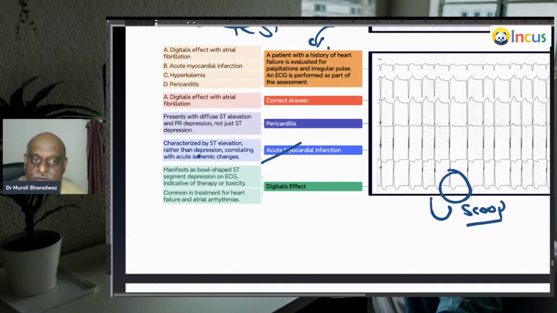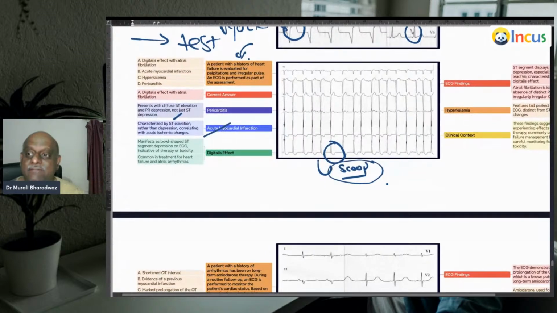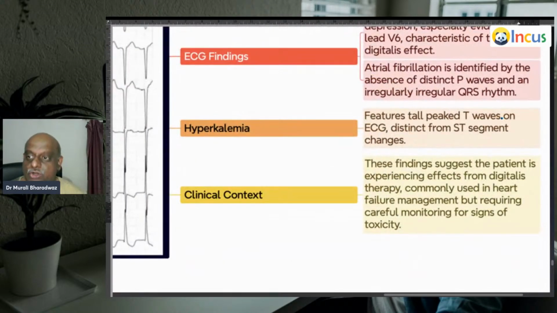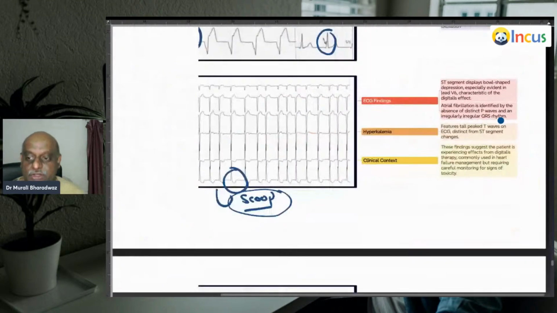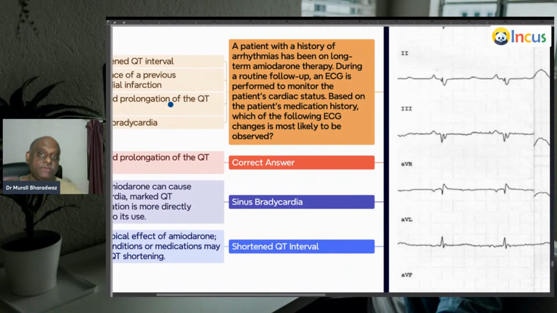If it is acute MI, there will be ST elevation. Pericarditis, there will be diffuse ST elevation and PR segment depression. And in digitalis, there is this kind of scoop-like depression. Very classical, frequently asked in the exam. Similarly, tall peaked T waves, hyperkalemia. You should not forget.